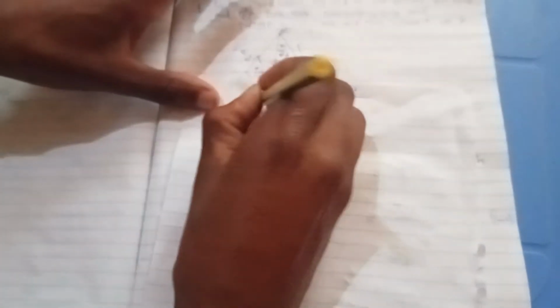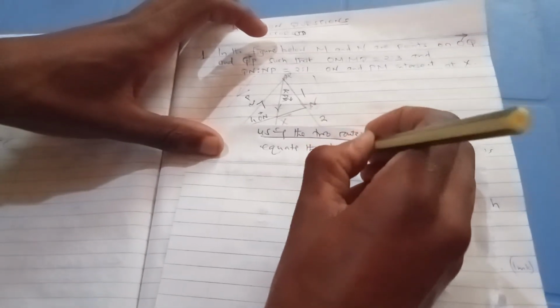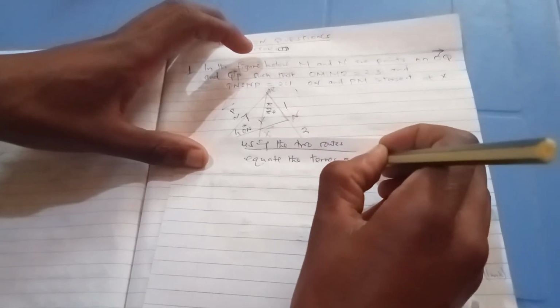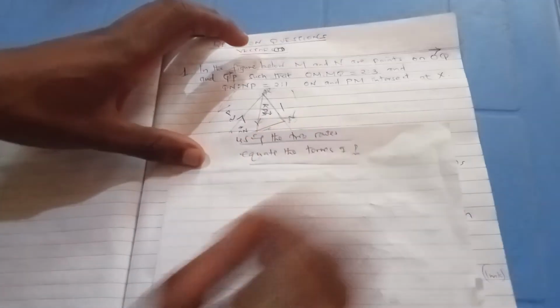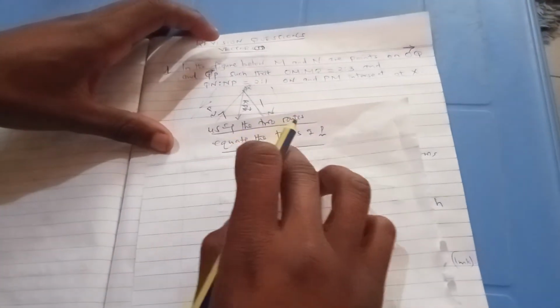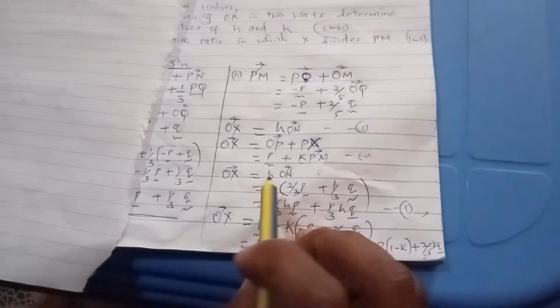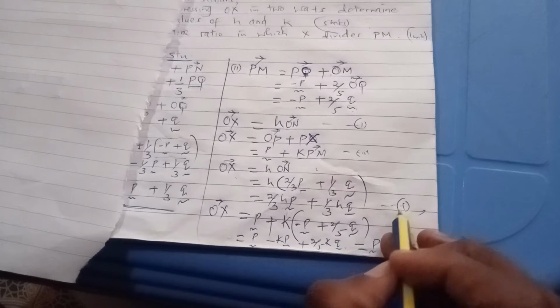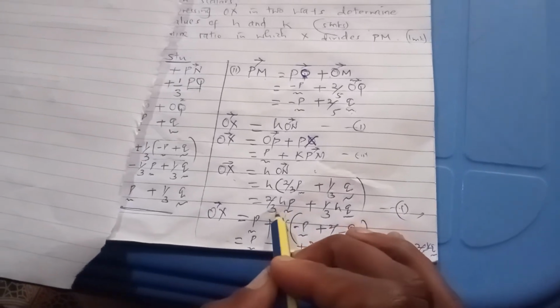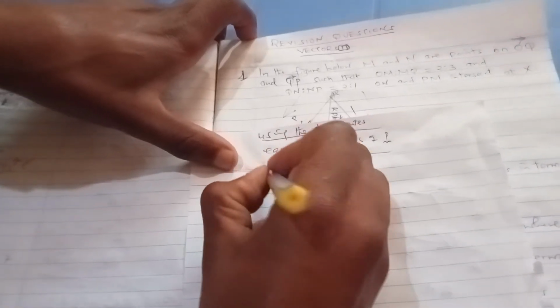So we just equate the terms of vector p using the two roots. The first thing, you equate the terms of p. In our first root, what are the terms of p? The terms of p are 2 all over 3 hp.